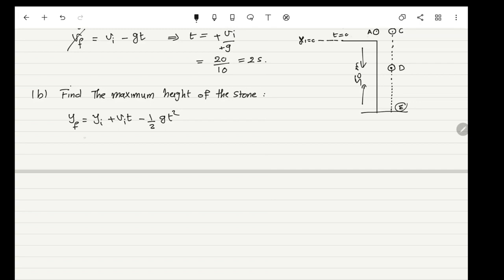So Y final equals 0 plus V initial 20 times 2, since the time required to reach maximum height is 2 seconds, minus half G, which is 10 in this case, times 2 squared, which is 4. So Y final equals 20 meters.